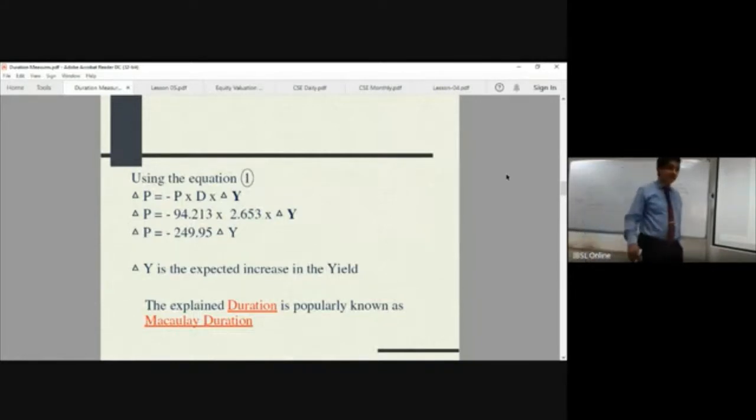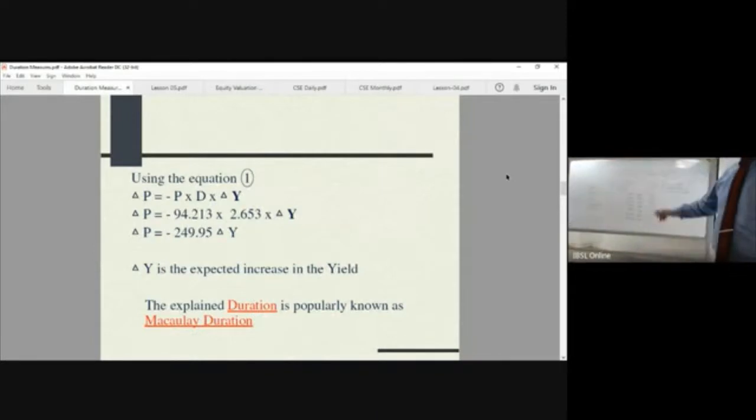Then what is the new price of the bond? 94.213 minus 2.4995. That is the new price of the bond after the interest rate change of 1%.